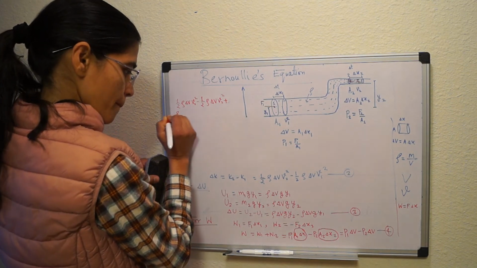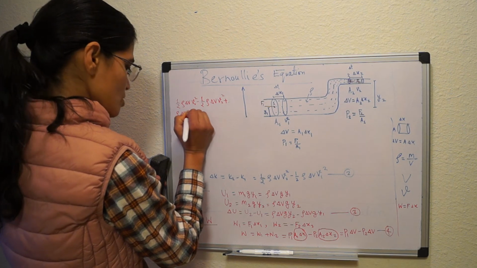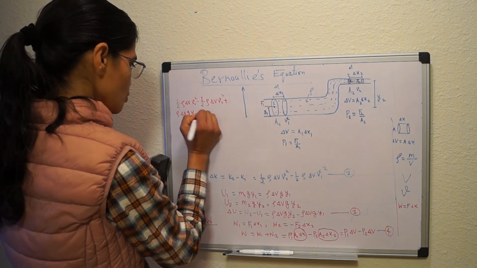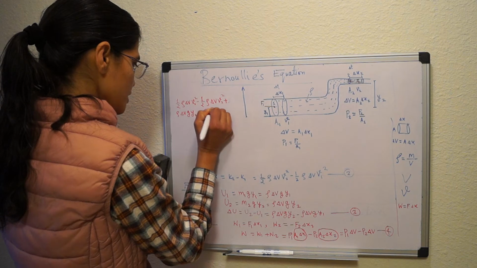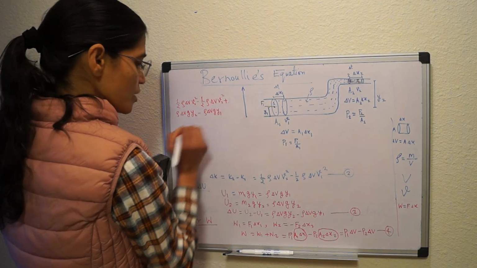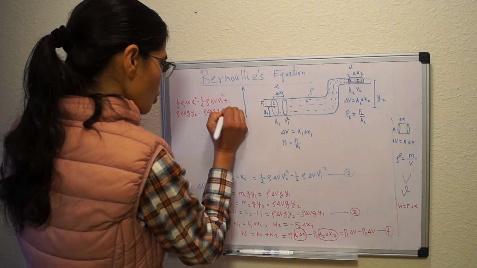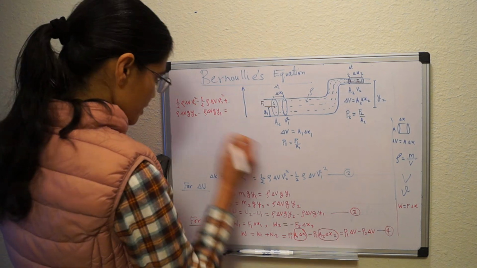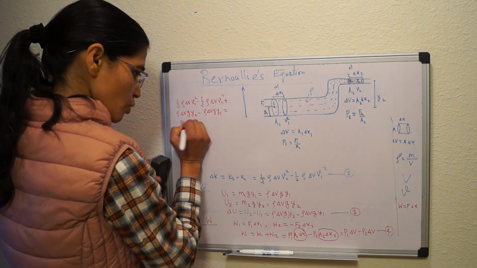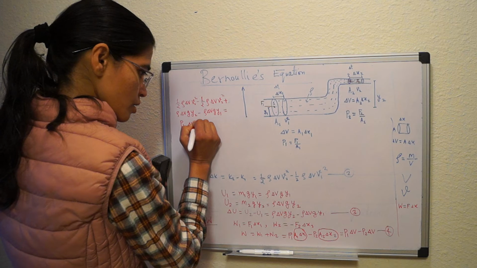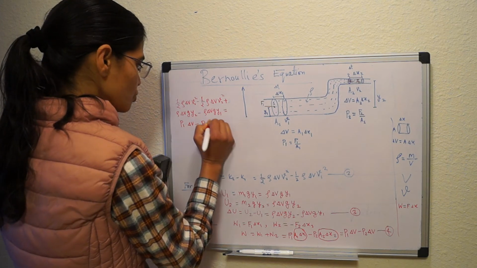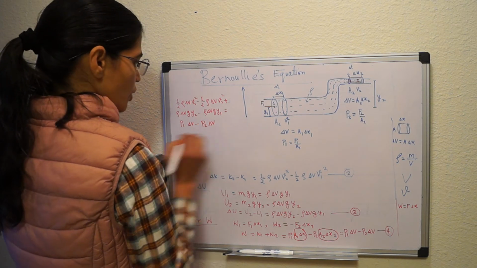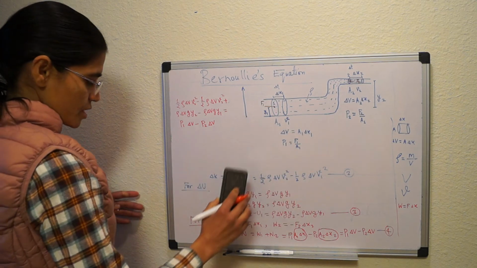Rho delta V g y2 minus rho delta V g y1, and this value must be equal to the total work done W, which is equal to P1 delta V minus P2 delta V. Okay, so I'm going to erase all of these.